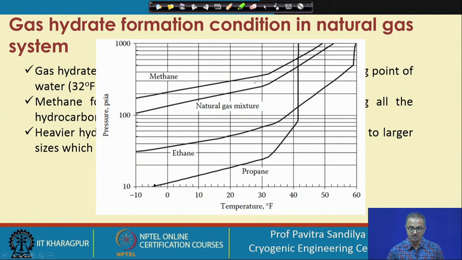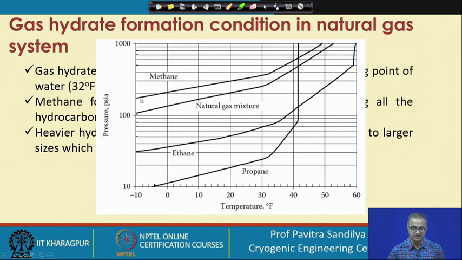Here we have pure methane, here we have pure ethane, and here we have pure propane, whereas if we mix them up, we find their hydrate formation is happening somewhere in between. In this particular figure, suppose we take any particular component, methane. We find this particular line demarcates the hydrate region and the non-hydrate region.